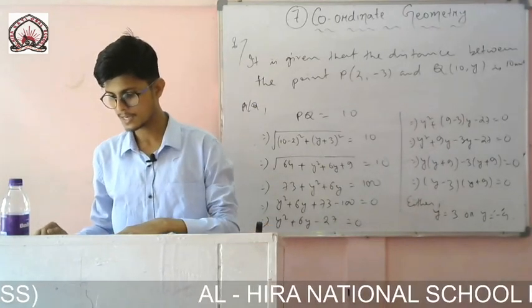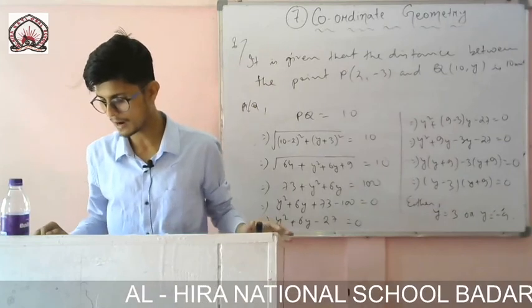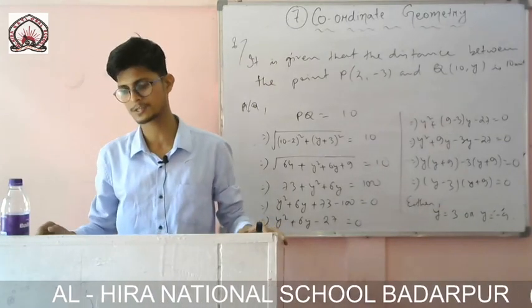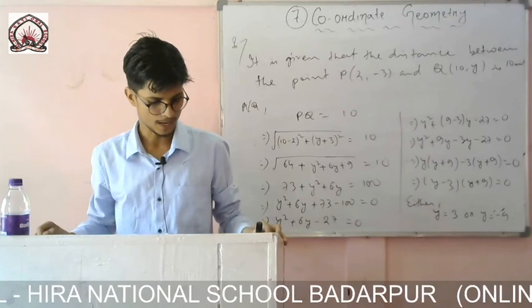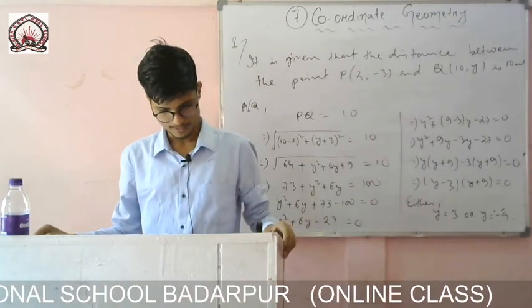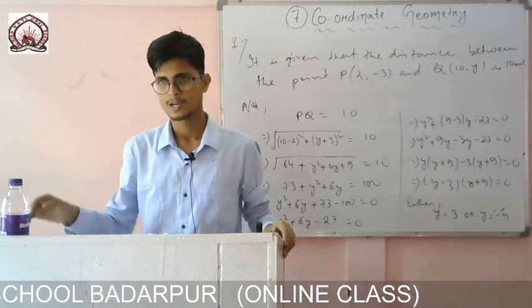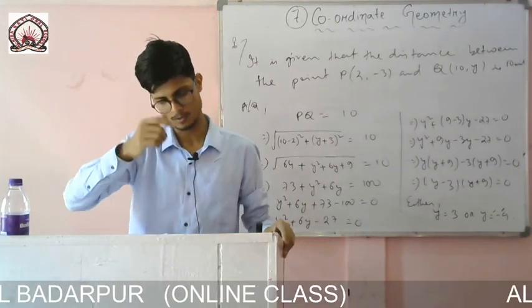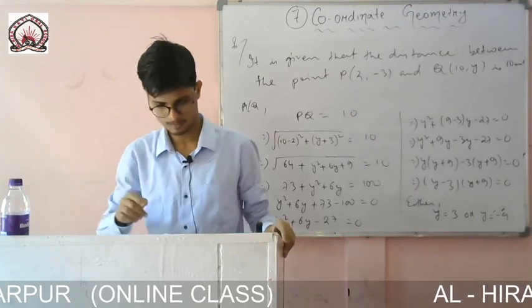If Q is equidistant from two points, find the value of x, and also find the distances QR and PR. So this is also the same as the earlier one. If the distances are the same, then it is equidistant.